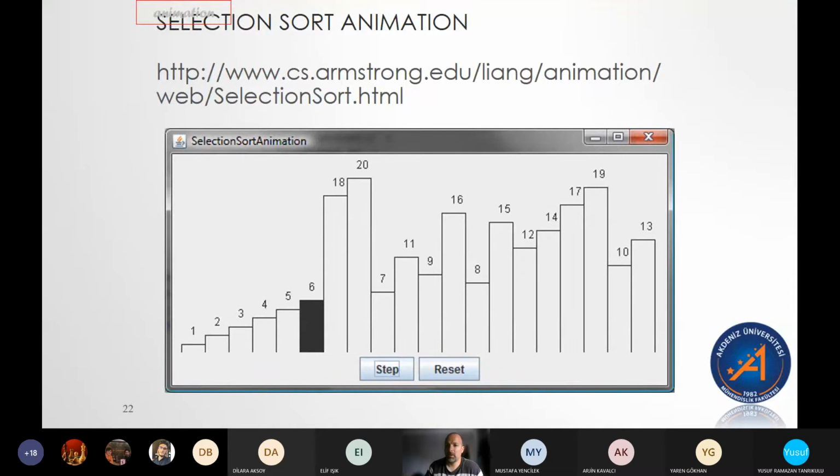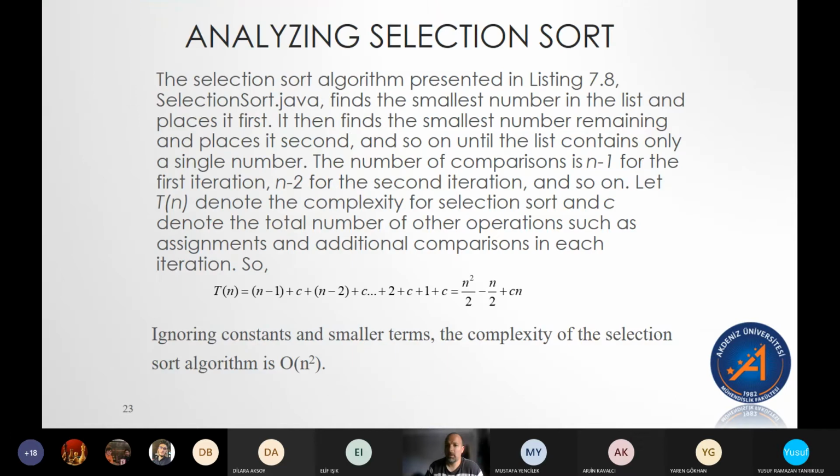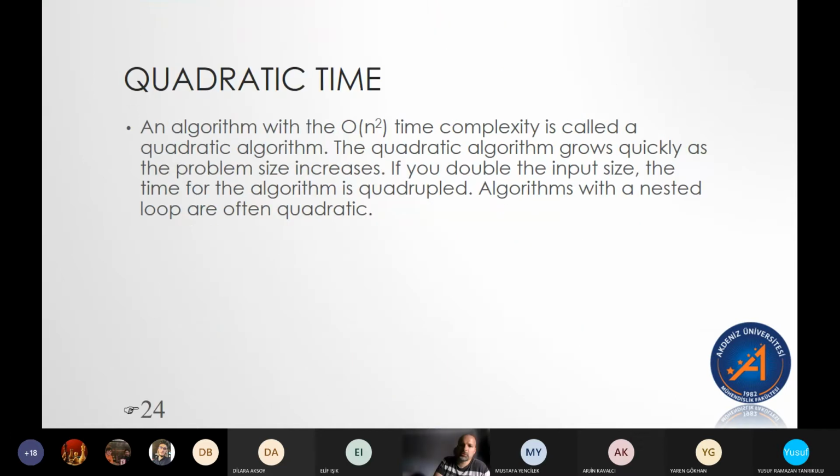Okay. Now, but I do want to talk about quadratic time because the selection sort, as we'll see when we look through those slides, is what we call quadratic time. It's n squared. It's an n squared algorithm.